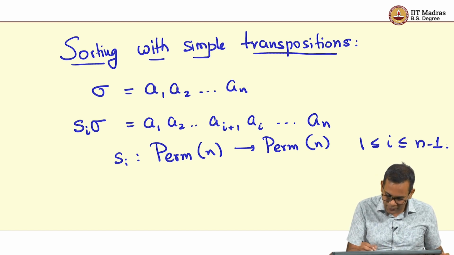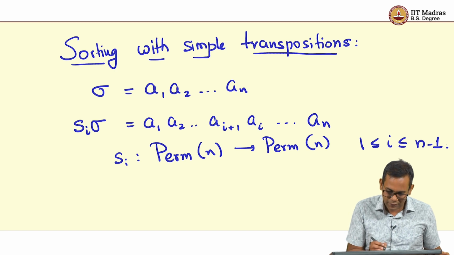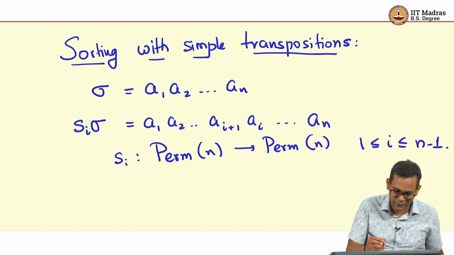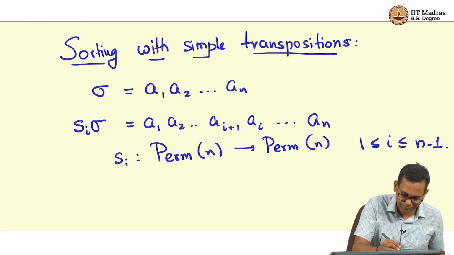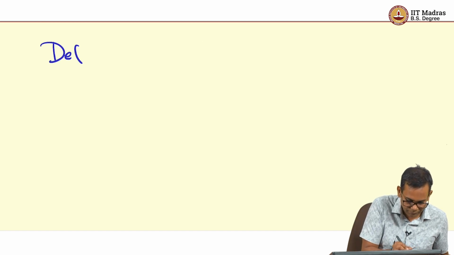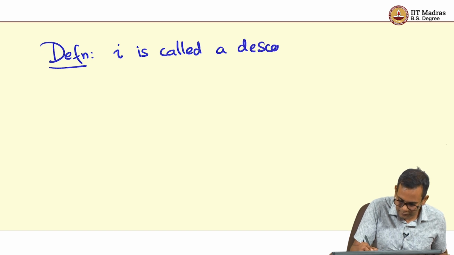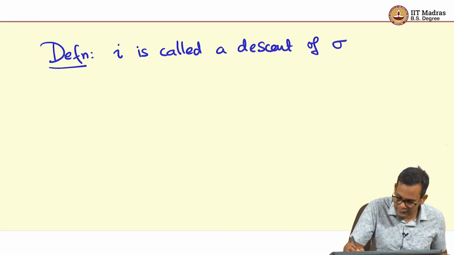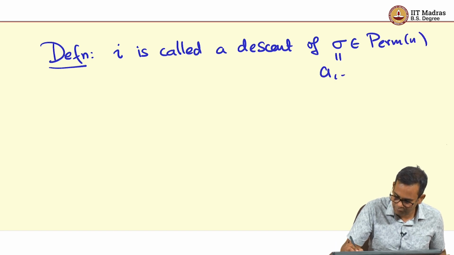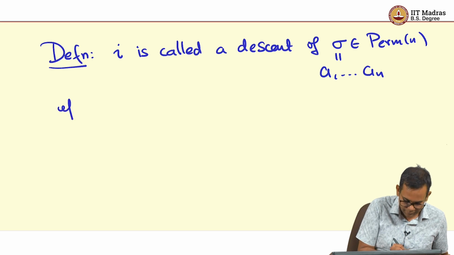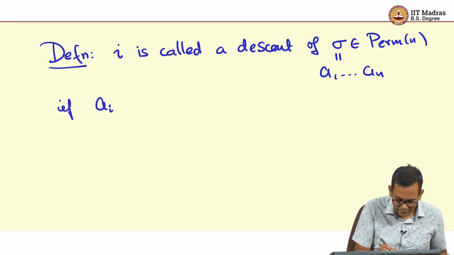So, these simple transpositions occur whenever we have what is called a descent. So, let me define a descent. i is called a descent of sigma in the set of permutations, let us say sigma is a_1, a_2, ..., a_n, if a_i is greater than a_{i+1}.